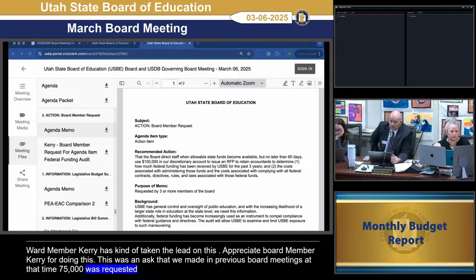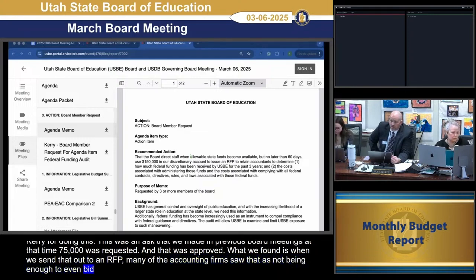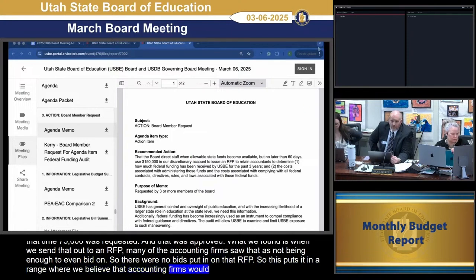What we found is when we sent that out to an RFP, many of the accounting firms saw that as not being enough to even bid on it. So there were no bids put in on that RFP, and so this puts it in a range where we believe that accounting firms would bid on this project.